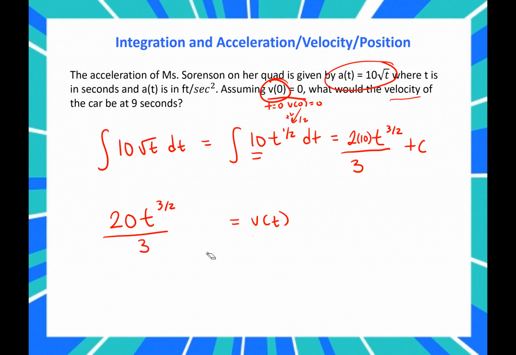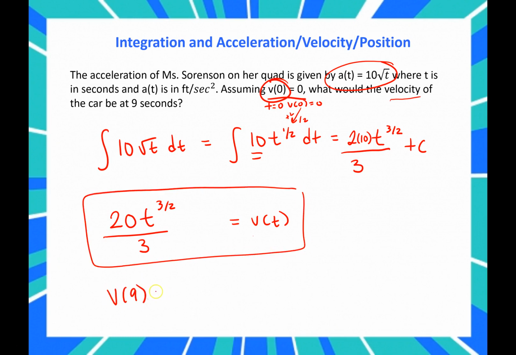So now the problem says, what's my velocity at 9 seconds? Well, if this is equal to my velocity function, then velocity of 9 is going to be equal to plugging that straight into the function. So that's going to be 20 times 9 to the 3/2 all over 3. So let me do that.